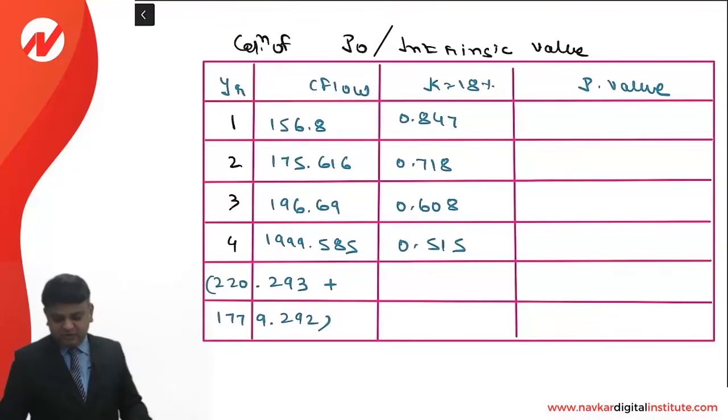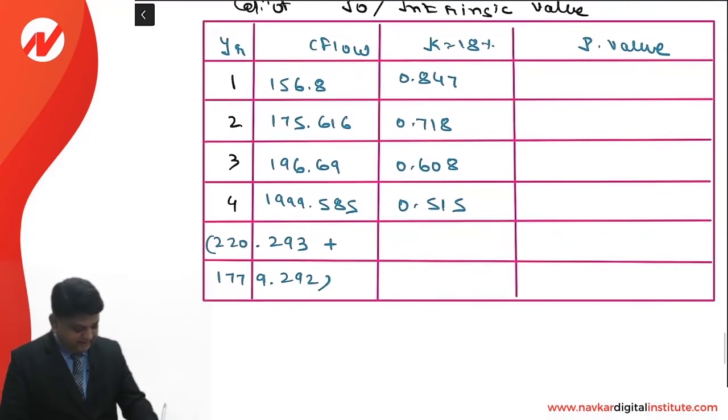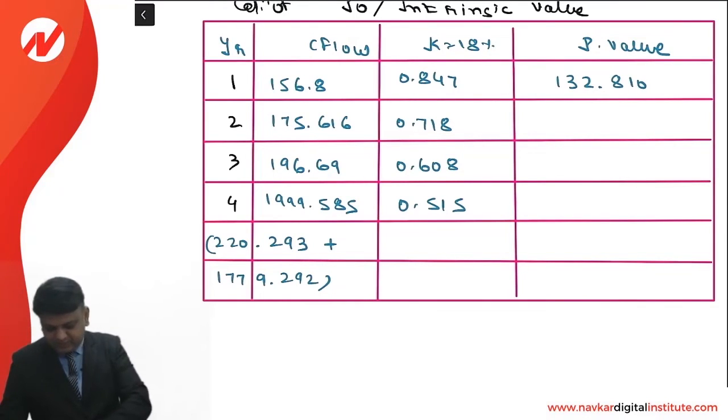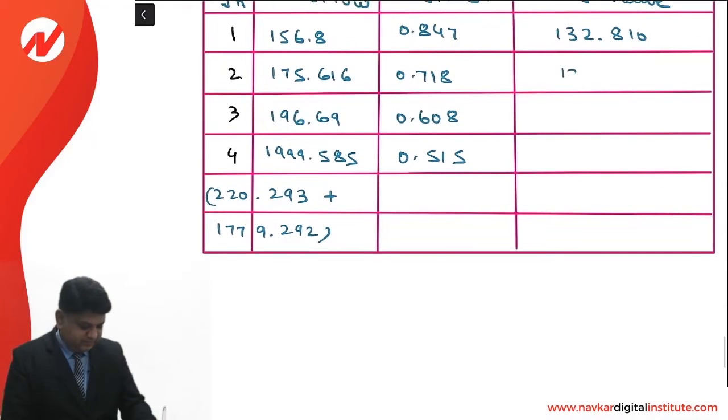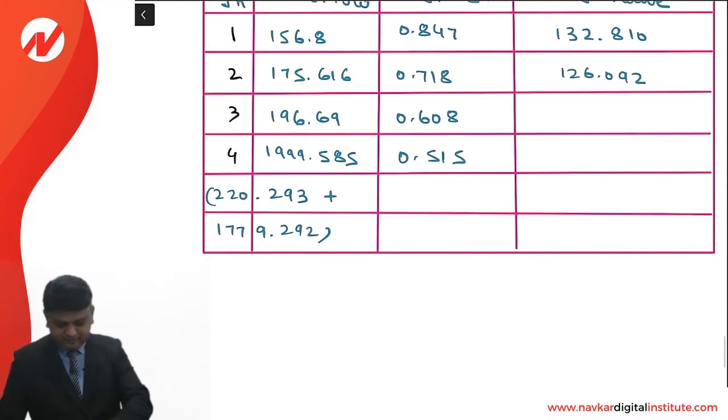So we'll discount the cash flows using these factors. 156.8 into 0.847, that comes to 132.8096, so I'm taking 810. 175.616 into 0.718, that is 126.092. 196.69 into 0.608, that is 119.588.